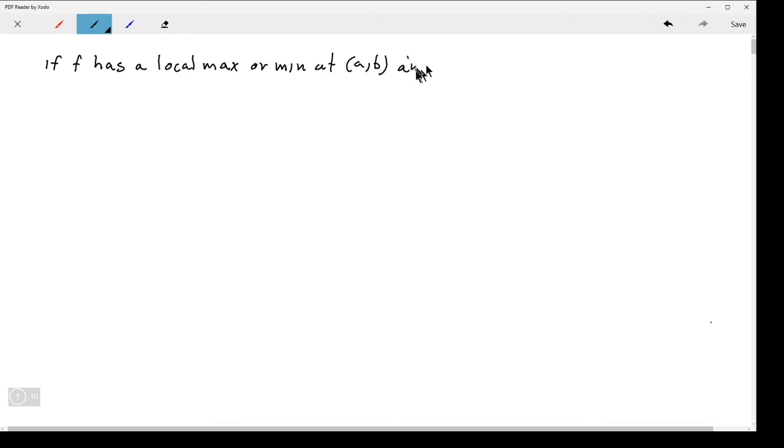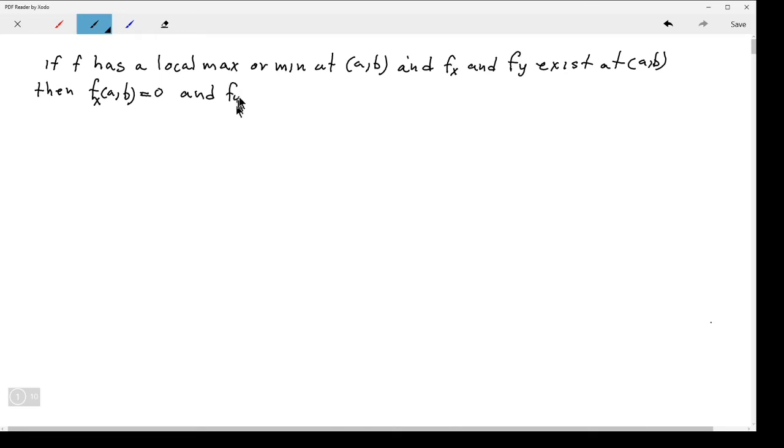So fx and fy exist at (a, b), then fx of (a, b) is going to equal 0, and fy at (a, b) is going to equal 0.